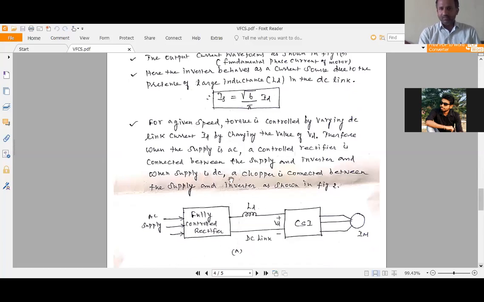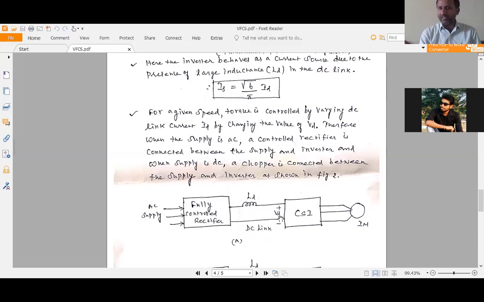So the same diagrams that we have discussed in the voltage source inverter apply here. Here also, our motto is to control the speed of the induction motor by controlling the current source and the frequency. For a given speed, torque, which is nothing but twisting moment, is controlled by varying the DC link current ID by changing the value of VD.